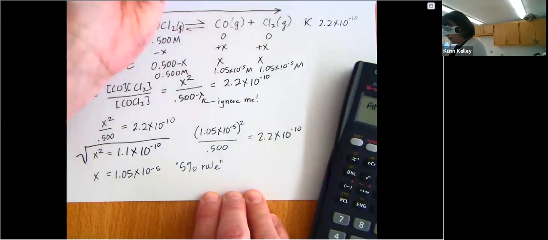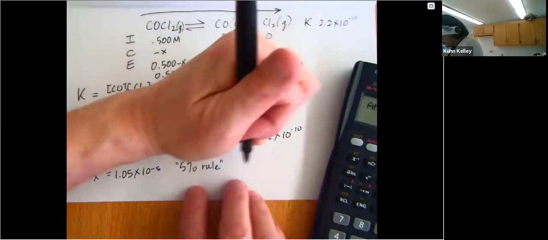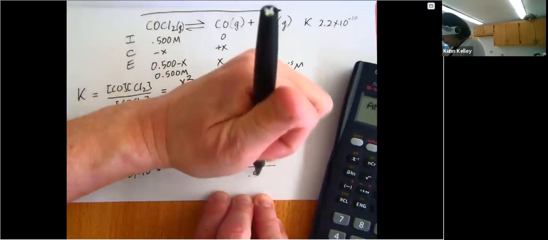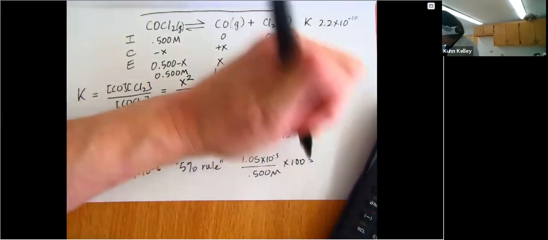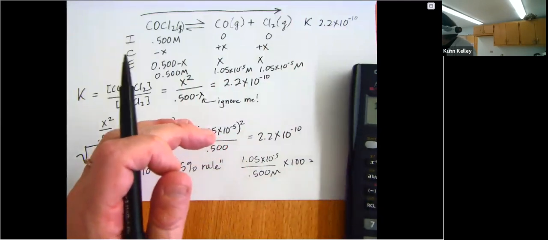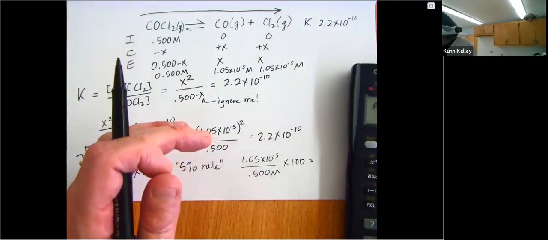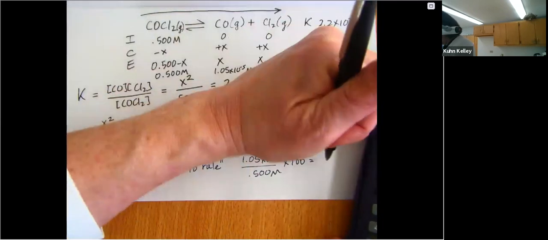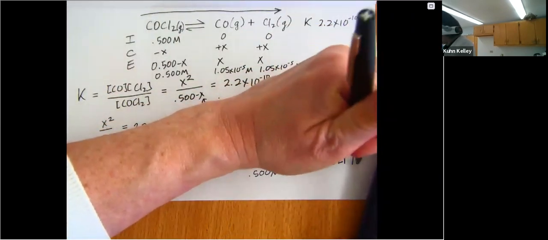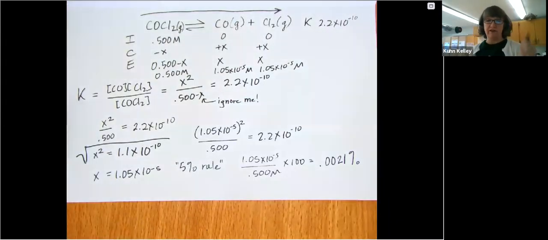So literally the way we do that is we take our X and we divide it by that original concentration and we multiply it by 100 to make it a percent. So 1.05 times 10 to the negative fifth divided by 0.5 times 100 gives us 0.0021%. So that one was perfectly fine to ignore.